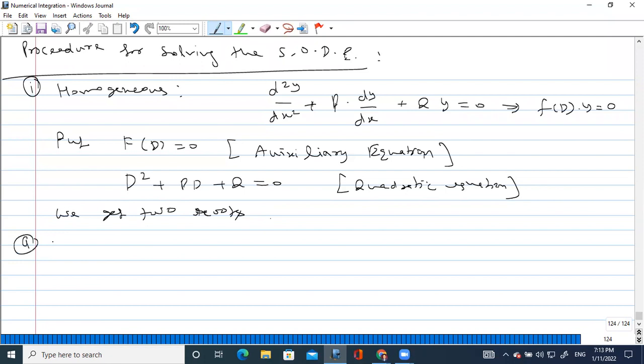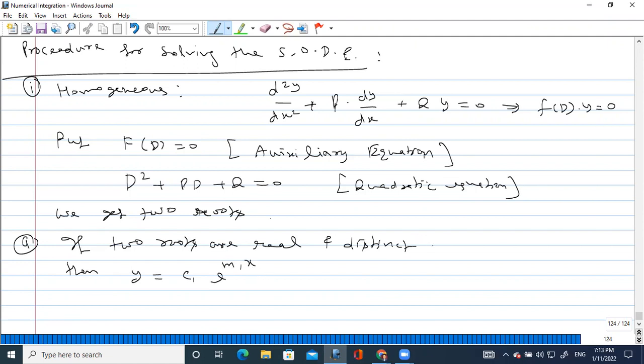Case A. It depends upon the two roots. If two roots are real and distinct, then y will be equal to c1 e to the power m1x.